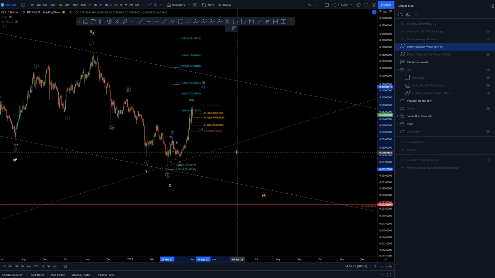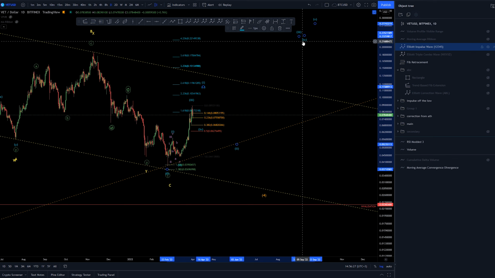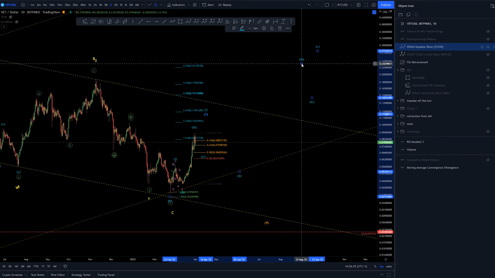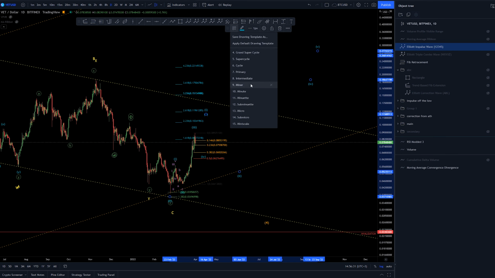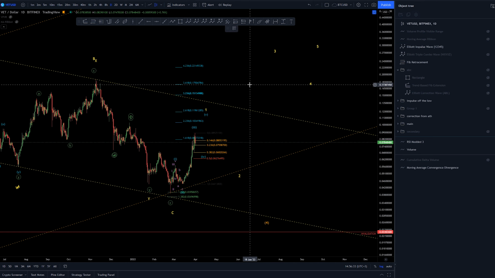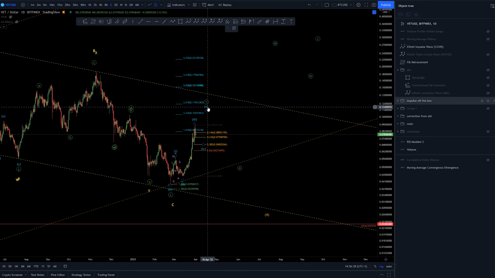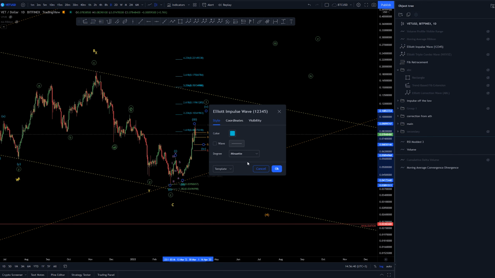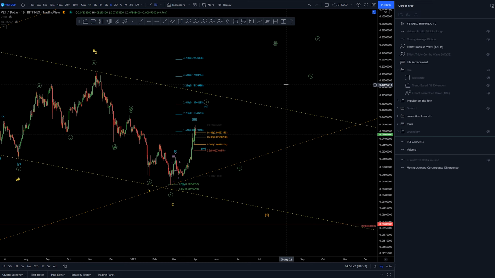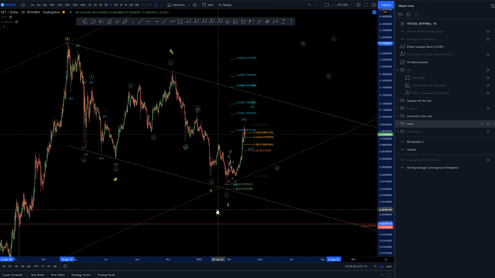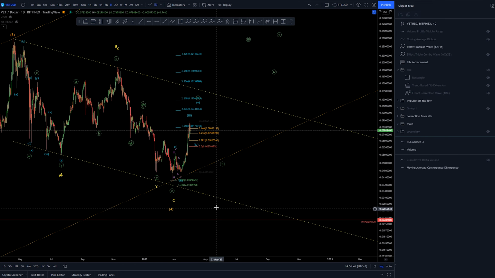So this would be 1, 2, 3, 4, 5, wherever it might be. And this would be minor. No, it wouldn't. It would be minute, because this was minuette. And that would mean that wave 4 again would end here.